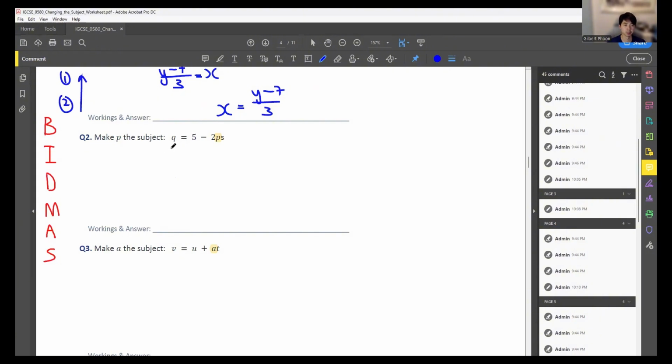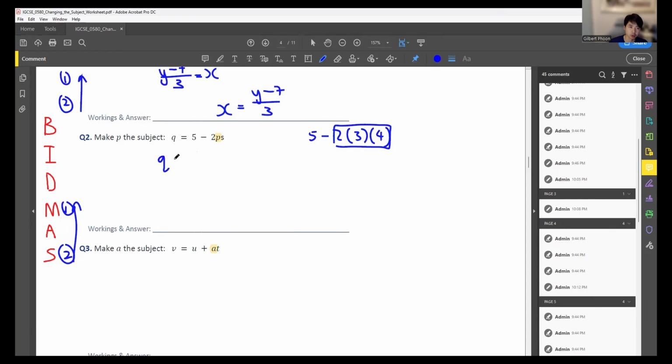Okay, in the next example, Q is equal to 5 minus 2PS. So again, let's imagine if it was a number, 2 times 3 times 4, right? If this was the number, I would have to multiply first and then subtract. Now, we're going to do the reverse order of that, which will then be 5, bring over to the left-hand side first.